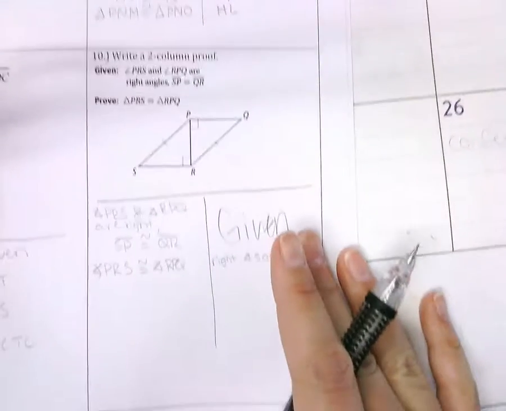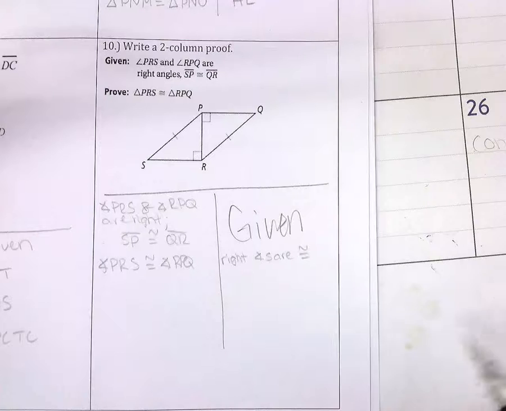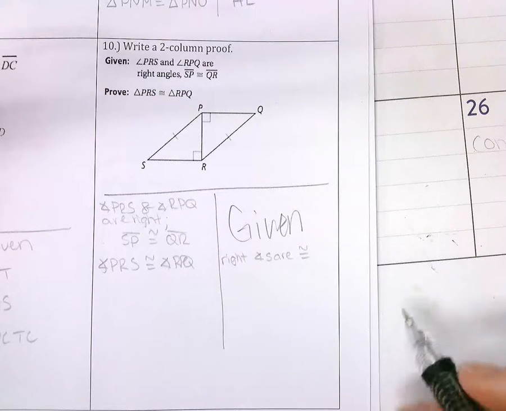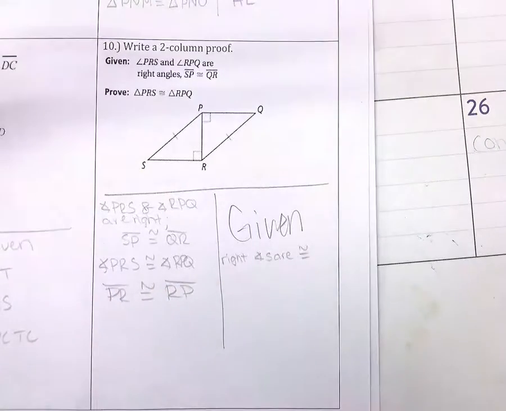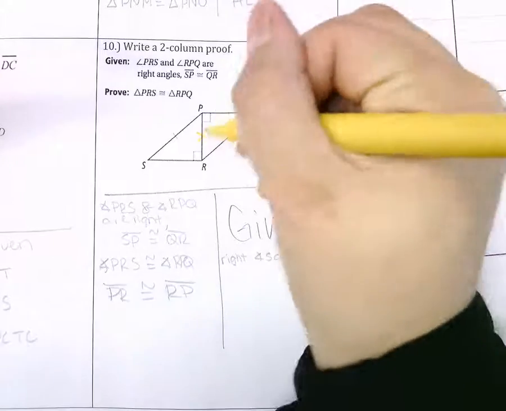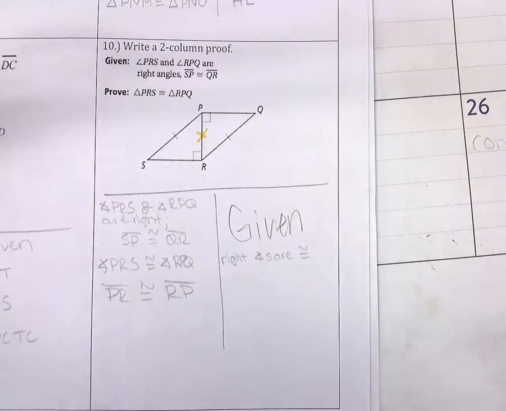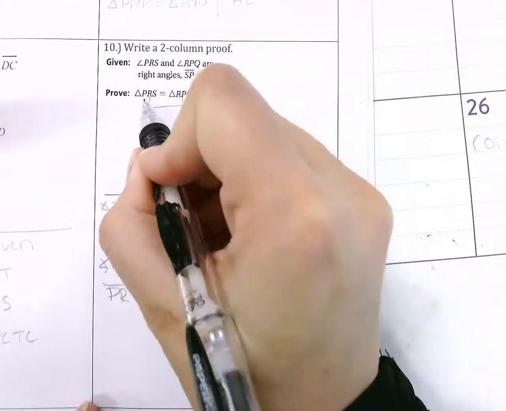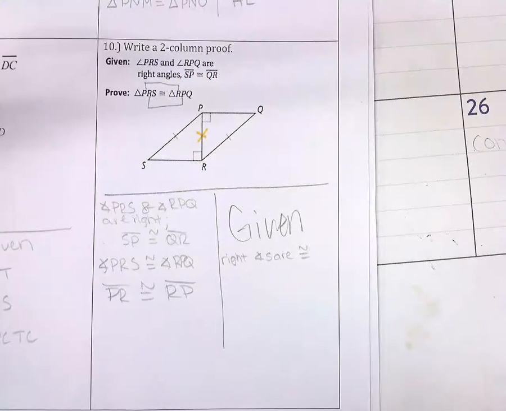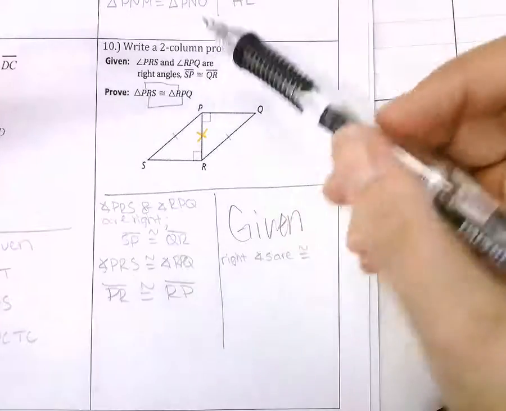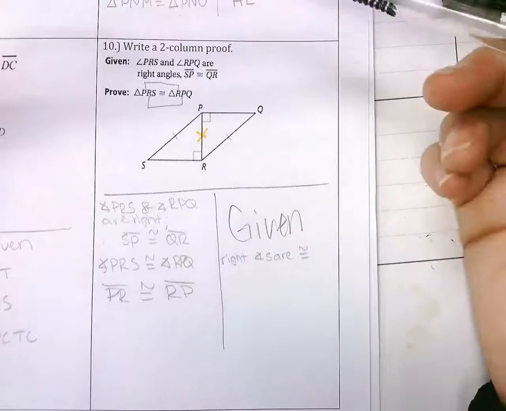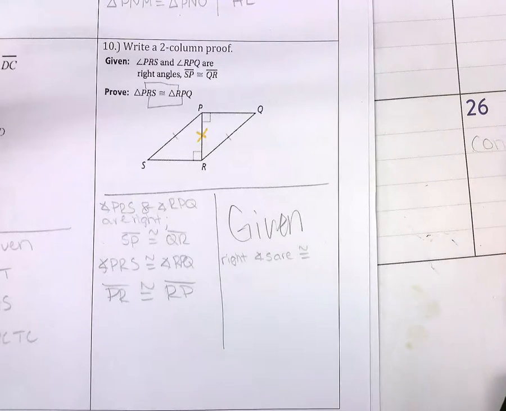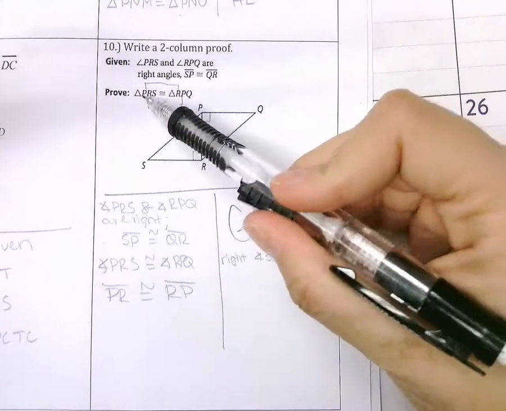All right, what else? PR is congruent to RP. And yes, this time you have to switch because they're vertically flipped of one another. Look at the congruent statement.